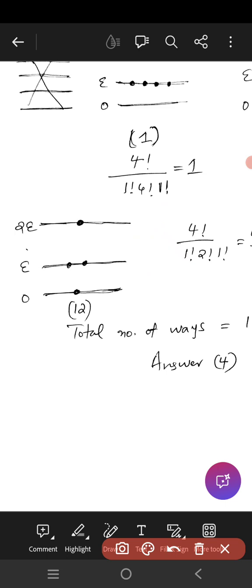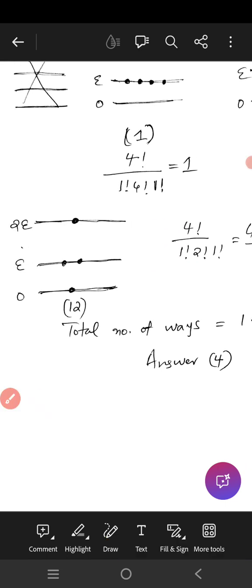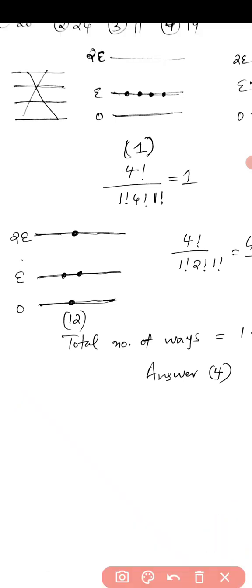So how do you calculate the number of microstates? We are using the same formula. Here we have 4 factorial over 1 factorial, because there is one particle in the energy level 0, 2 factorial for the two particles in the second energy level, and 1 factorial for the one particle in the energy level 2 epsilon.